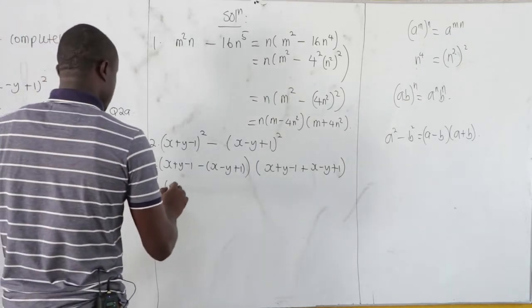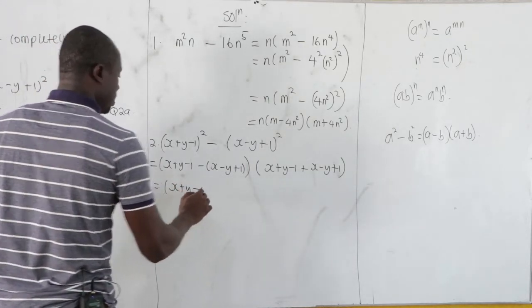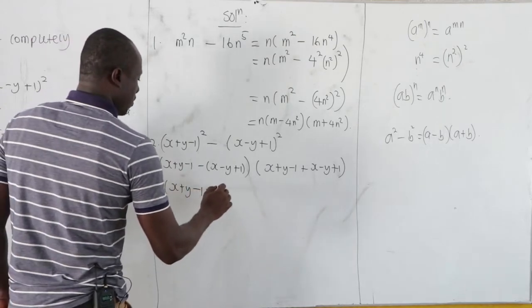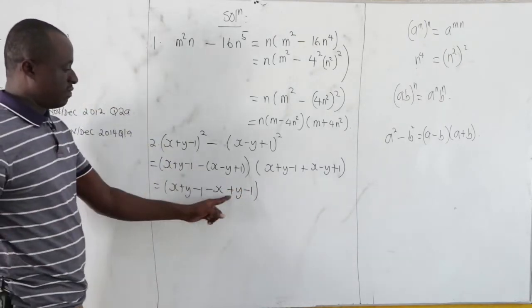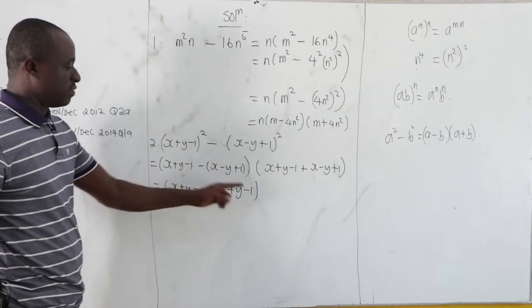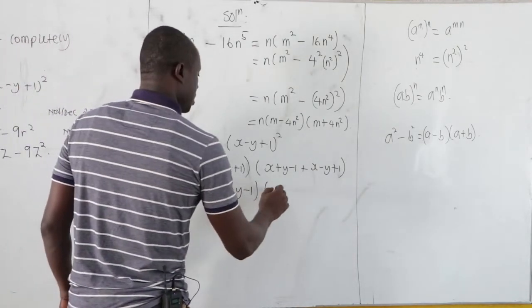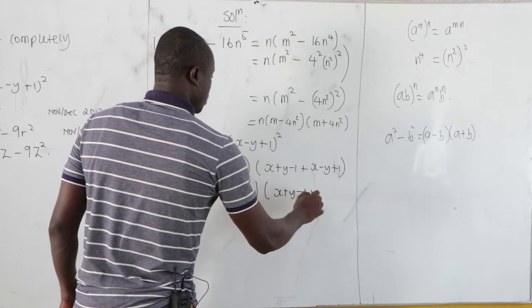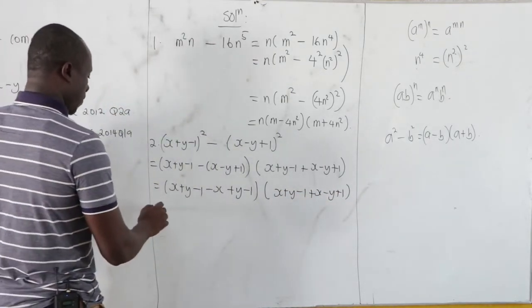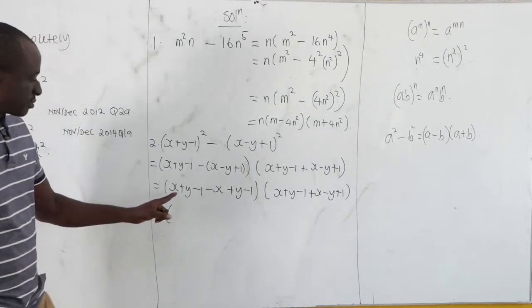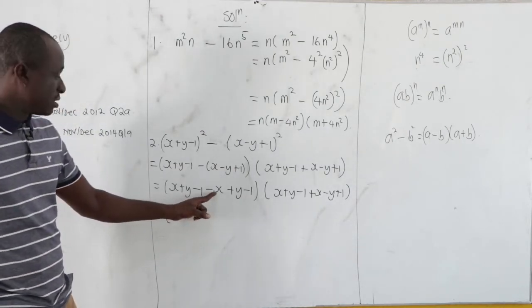And this is just, we have x plus y minus 1, and you're going to get negative x plus y minus 1. Negative and negative is giving us positive. Negative and positive, that's negative. And this is just x plus y minus 1 plus x minus y plus 1. Now let's group them from here. Now, x minus x, that will cancel out.